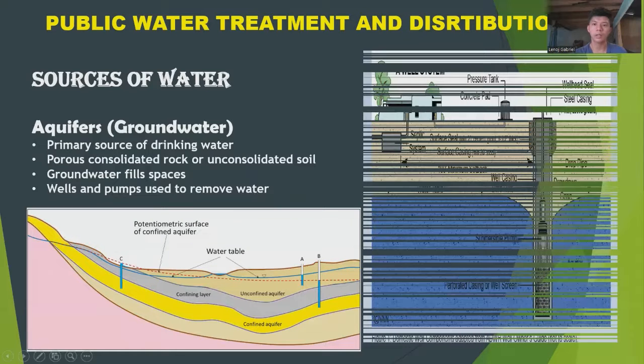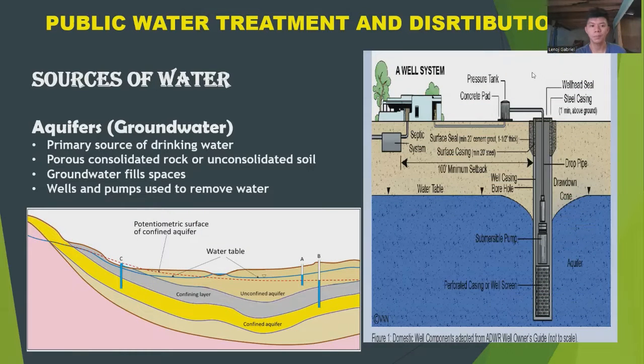So, these are the pictures. Groundwater, alam na natin, ito yung tubig na nagmumula sa ilalim ng lupa. So, ito nga yan, tulad niyan, yung well system natin. Alam ko, particular na yung opinion ninyo, or alam ninyo na yan.